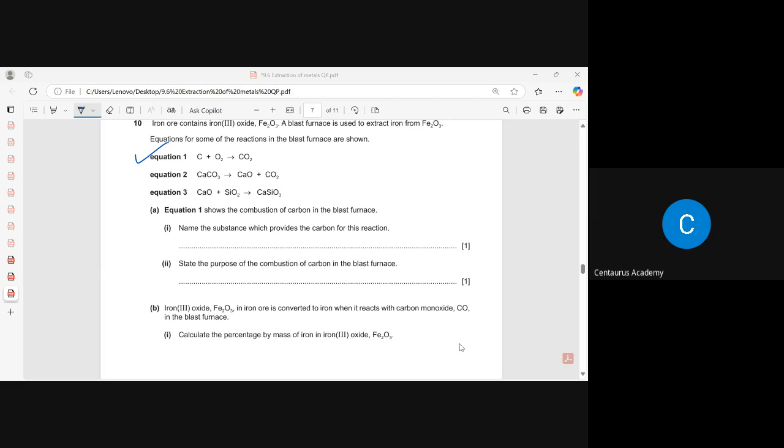Calculate the percentage by mass of iron in iron 3 oxide in the next question. How do we find out the percentage by mass of any element from its compound? What is the formula? 70%. What did you do, Ayan?